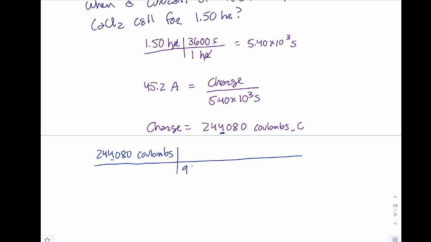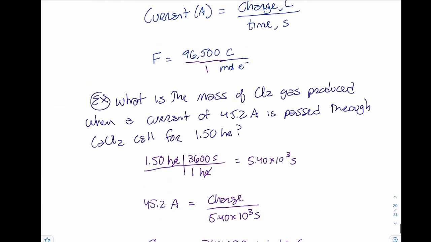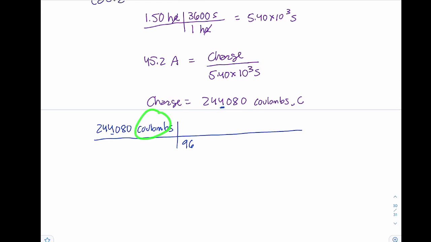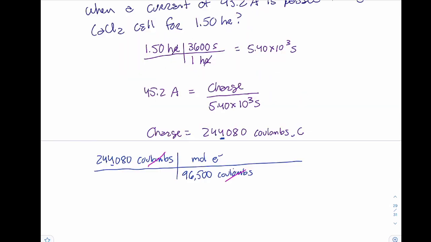And then using my Faraday constant, because coulombs are on the top here, I need to divide. Remember, for our units to cancel when we're doing dimensional analysis, they need to be opposite of each other. So coulombs for every mole of electrons, and then these are going to cancel. So I now have moles of electrons on the top. To get those to cancel, because we're trying to get to mass of chlorine, I need to have moles of electrons on the bottom.